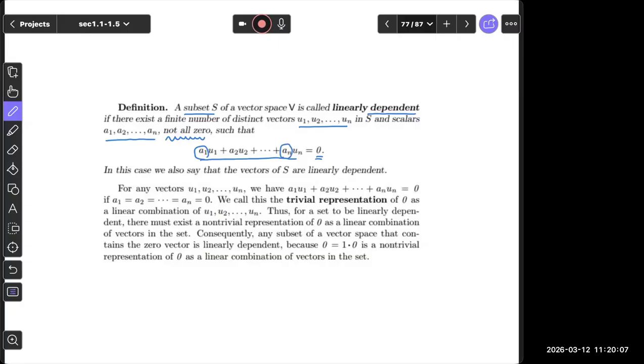So in that case, we say S is linearly dependent, or the vectors are linearly dependent.